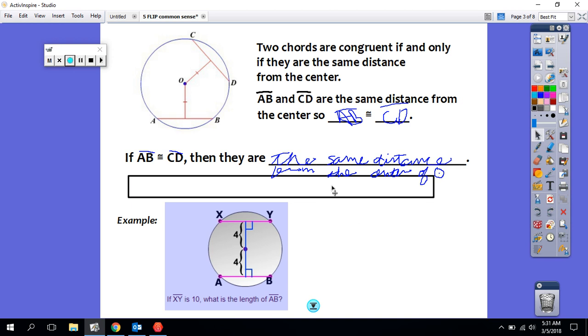All right, and of course, from the last theorem, we know that if segment or chord AB is congruent to segment CD, then their arcs are also congruent.